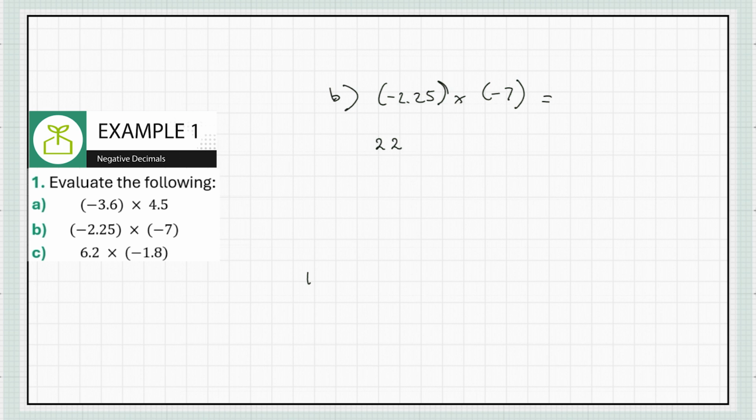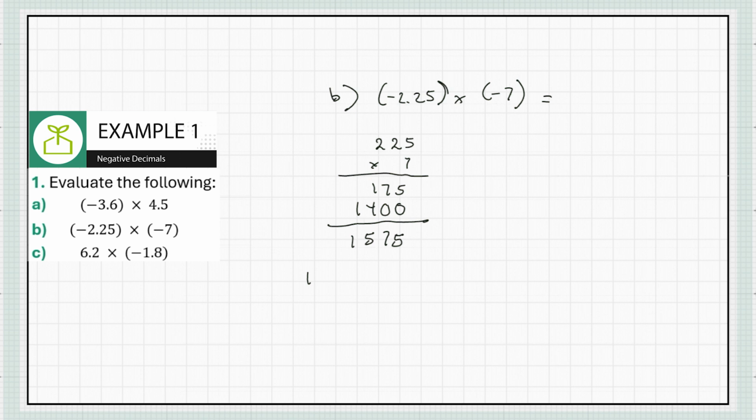We're going to do 225, and we're going to multiply this by 7. Alright, so we know that 7 times 25 will be 175, and we know that 7 times 200 is going to be 1400. So the end result is going to be 1575.